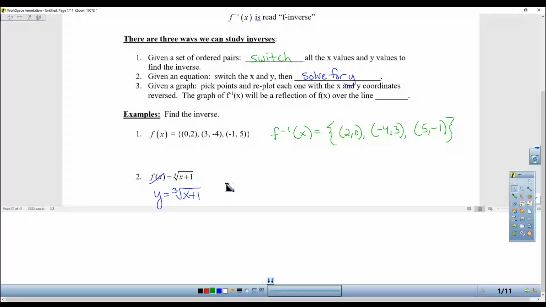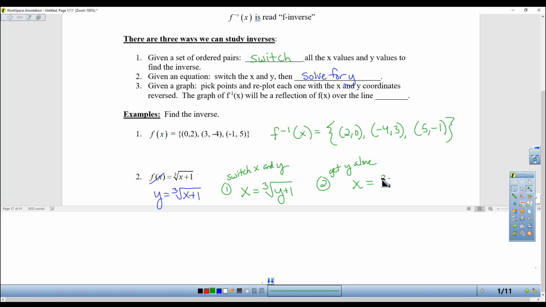So step 1 is to switch x and y. Going too fast for myself. Switch x and y. So now I have x is equal to the cube root of y plus 1. Step 2 is to get y alone.